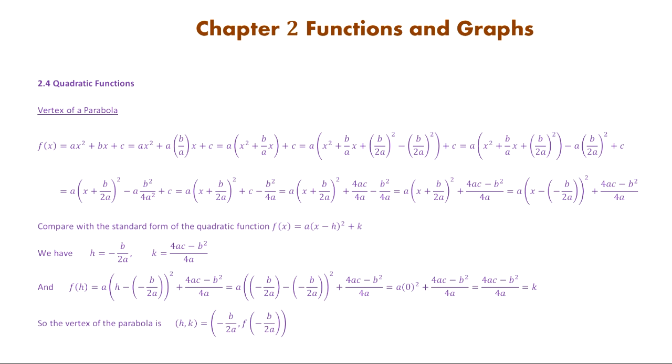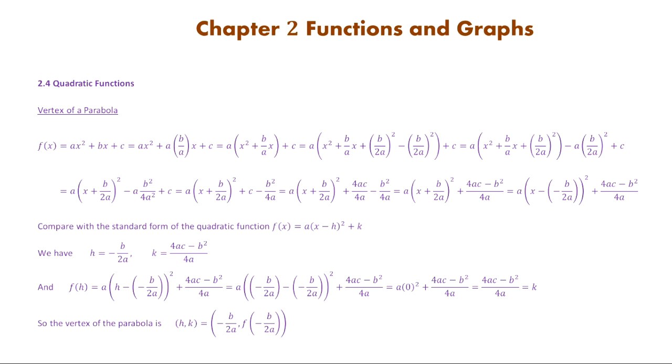Okay, so if you do that, f of h, okay, so h equals negative b over 2a. If you plug in that h for x into the quadratic function, you're going to get f of h equals a times h minus negative b over 2a squared plus 4ac minus b squared over 4a. So that's what we got in the last step and in the first part. So that's equal to a times negative b over 2a minus negative b over 2a, and that's h.